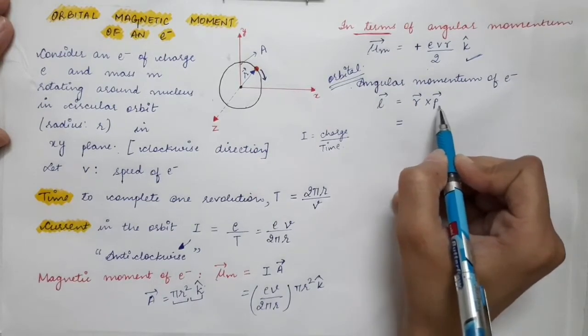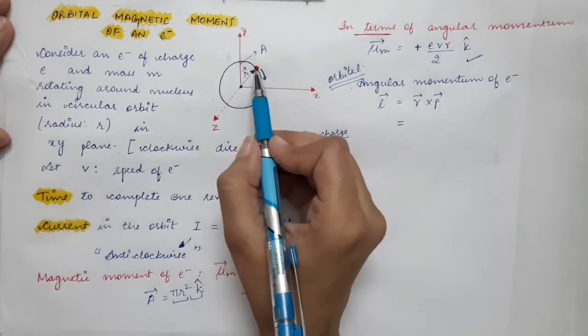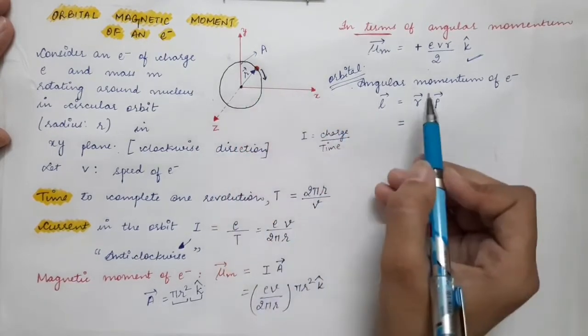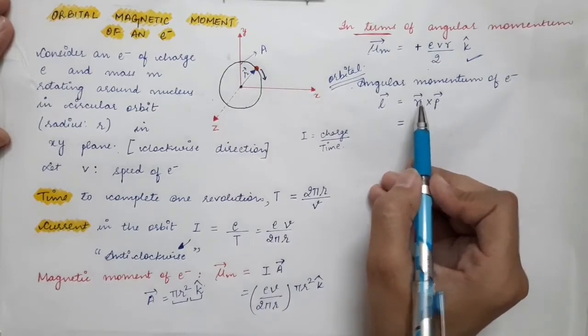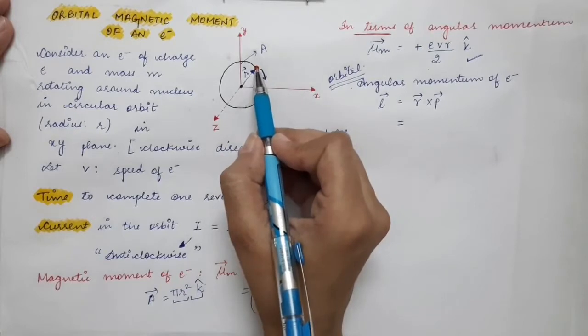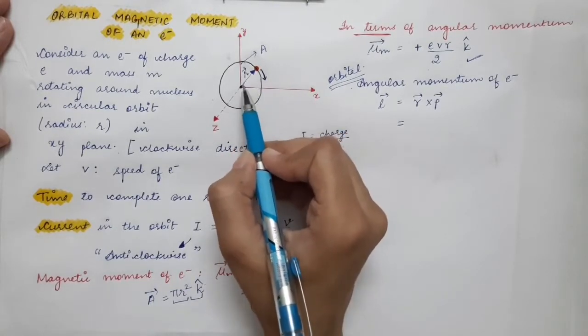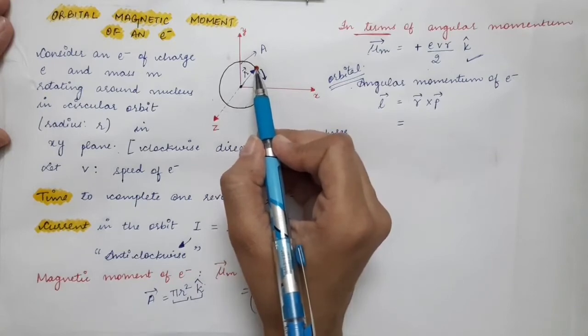So r cross p gives you the orbital momentum for a charged particle, and in this case we have the electron. So r is the position vector of the charge. In this case the r vector is this one, represented by curly r vector. So this is the position vector of the electron.